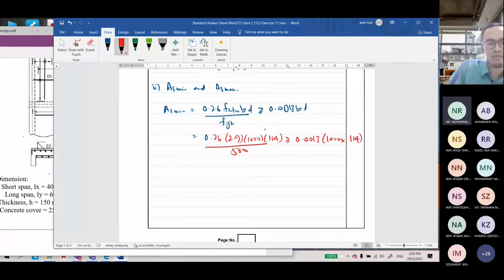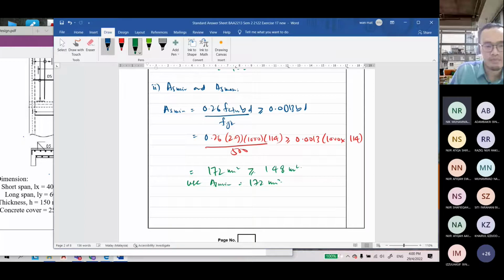What is the answer? 172 mm square, and that is greater than 148 mm square. You use As minimum equal to 172 mm square.